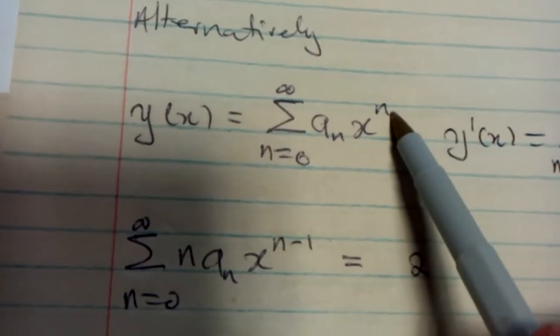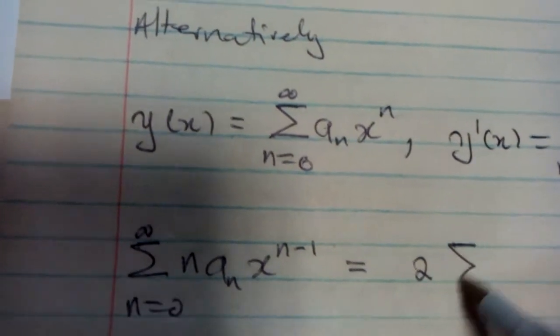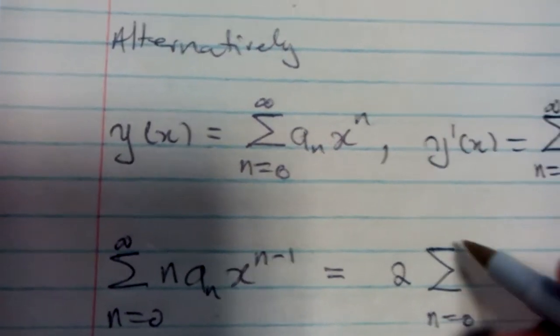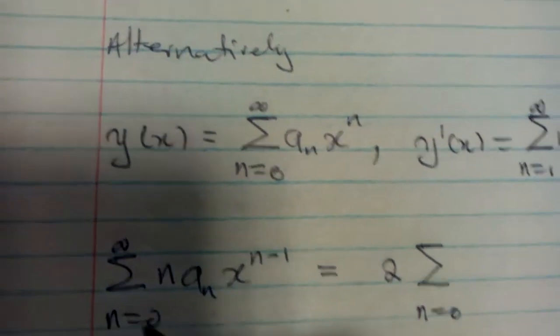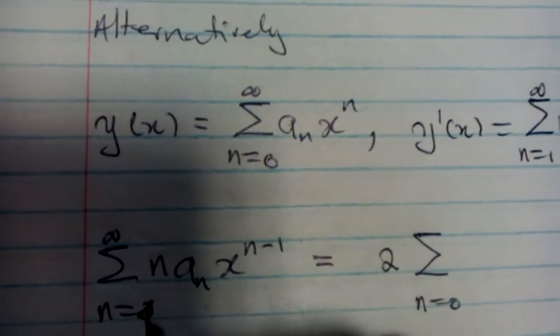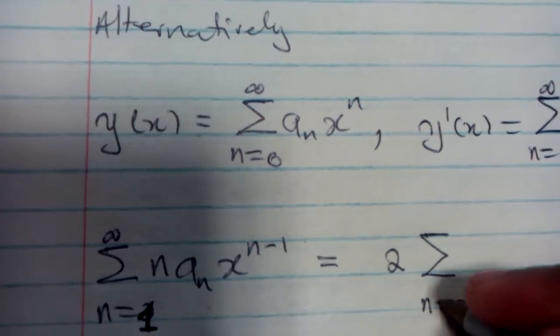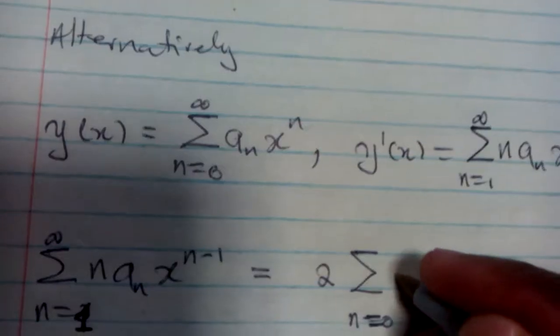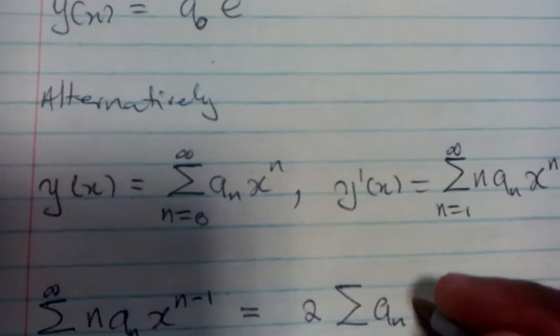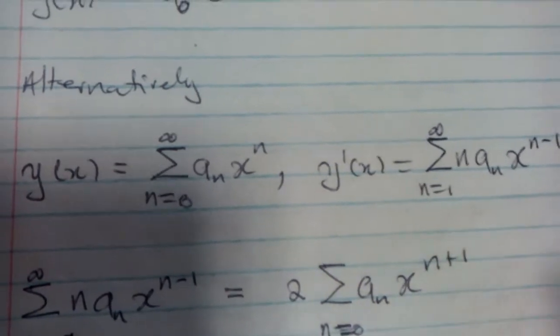So this power here pops up by 1, and this becomes the sum from n equal to 0 of what? A n x to the n plus 1.